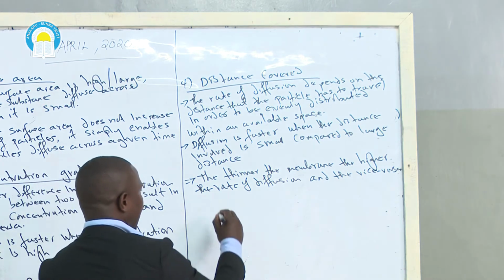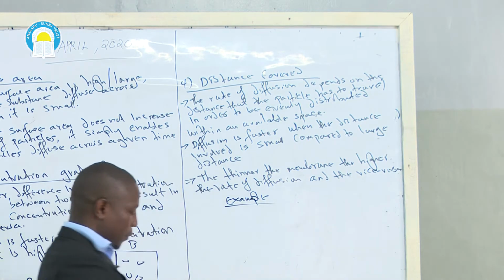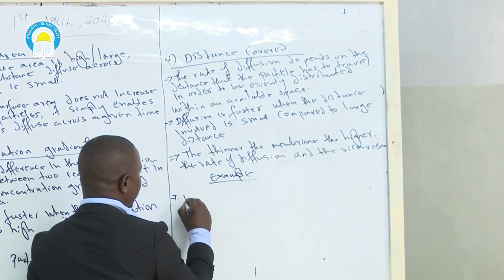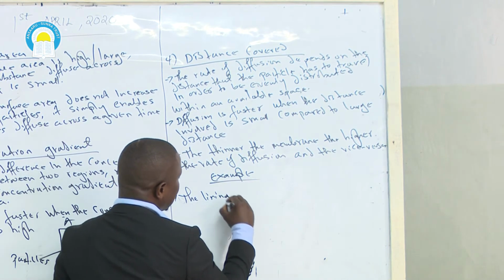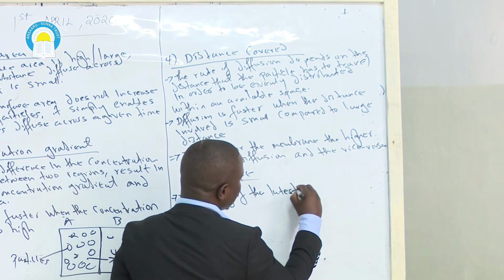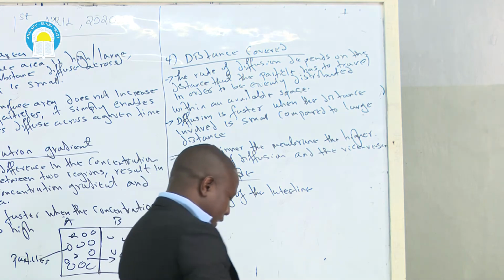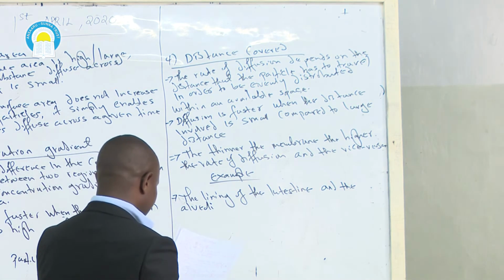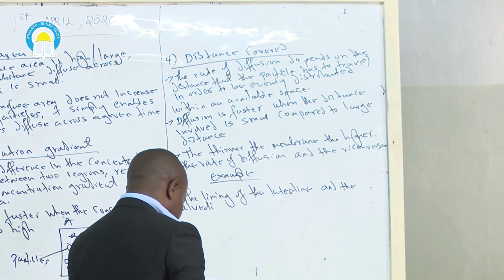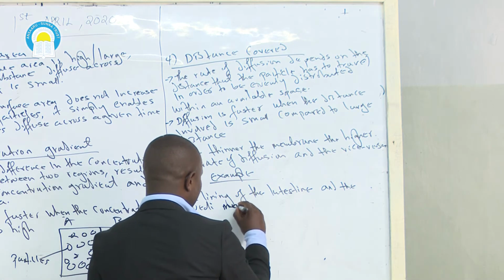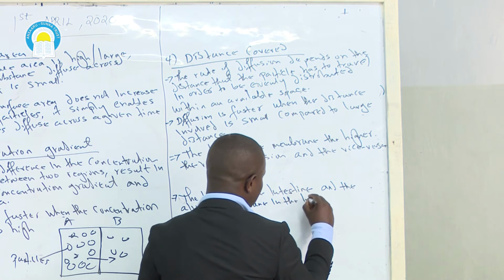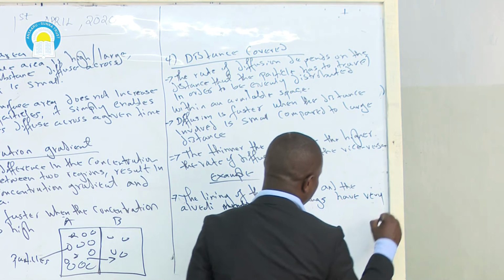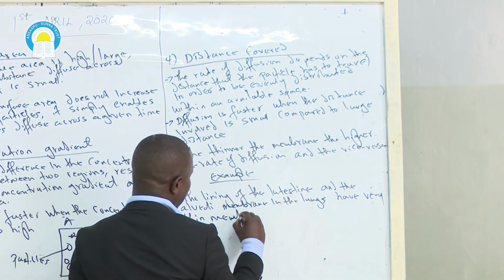So we write here an example. We are being told the lining of the intestine and the alveoli membrane in the lungs have very thin membrane.